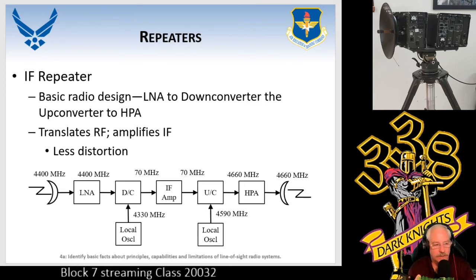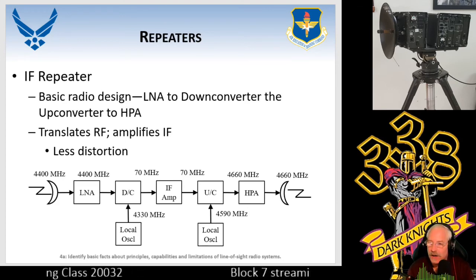So in this case, we're going to amplify a receive signal because it's always weak. We're going to down convert it using a local oscillator to 70 megahertz. Typical IF. We're going to use an IF amplifier because anytime that you manipulate the signal, you got to amplify it. We're going to take that 70 megahertz. Now we're going to up convert it. Kind of reminds you of the basic radios, doesn't it?